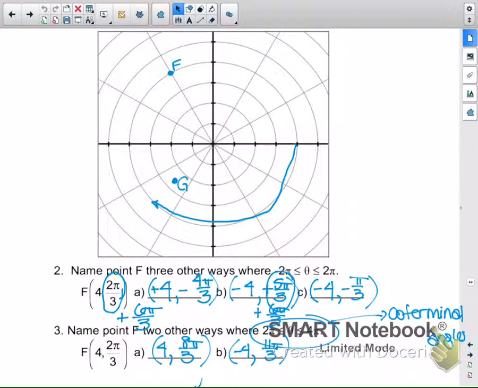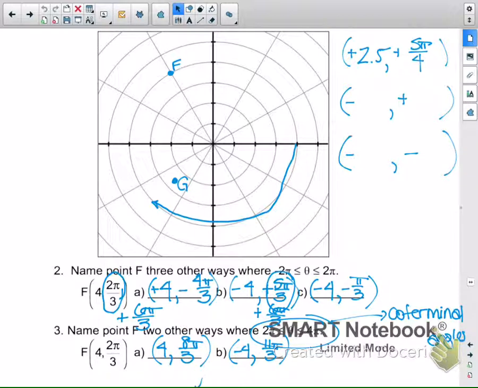Yep. All right, so now we want to name point G in the 3 other ways. So far we have the positive, negative, which means we're looking for the positive, positive; negative, positive; and negative, negative. All right, so the positive, positive is 2.5, 5 pi over 4. Good.